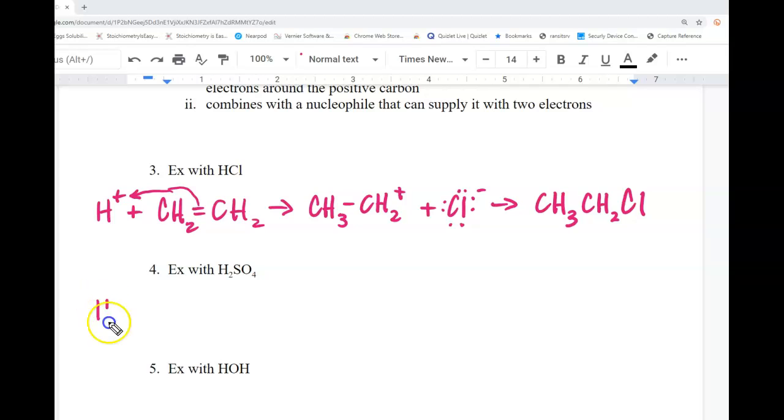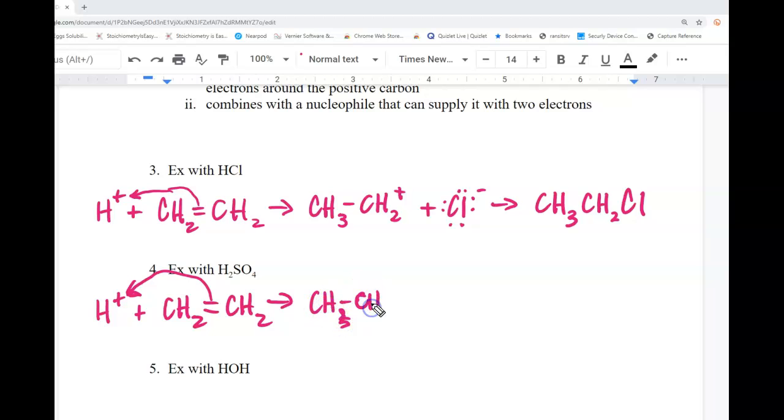The same thing happens over here with the H2SO4, and the same kind of attraction of pi electrons is happening here. Then we come out with the same carbocation, CH3CH2+. But this time we're going to add to it the negatively charged oxygen of SO3H.